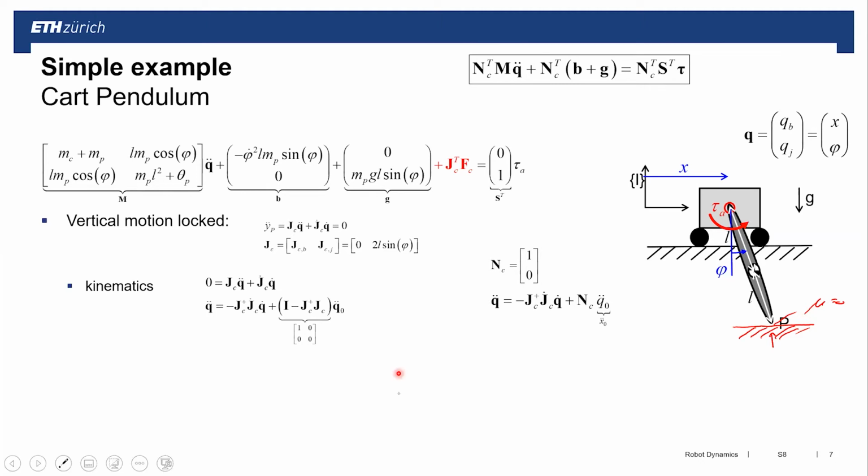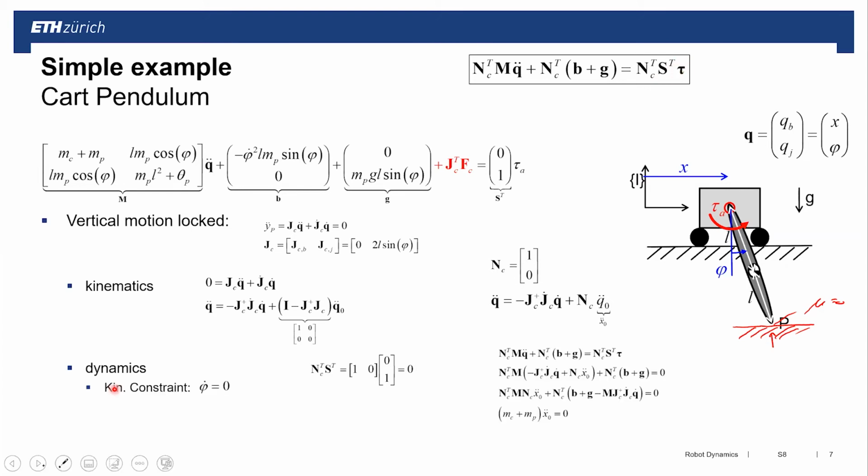We then looked at the dynamics, and we said, well, if I take my projector that I have here, I multiply NS, I get a 0. So this equation here has a 0 on the right-hand side. So I can take this equation here.